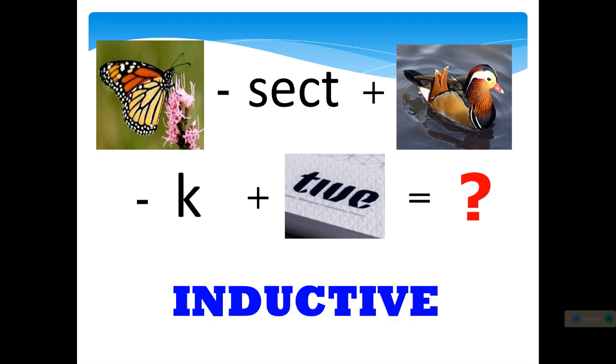Now you are going to have your insect instead of butterfly. Insect minus sect, so you will be left with in, plus duck minus k, so therefore you have your DUC. Then plus TIV, so that's why we have here inductive. Do you get it?